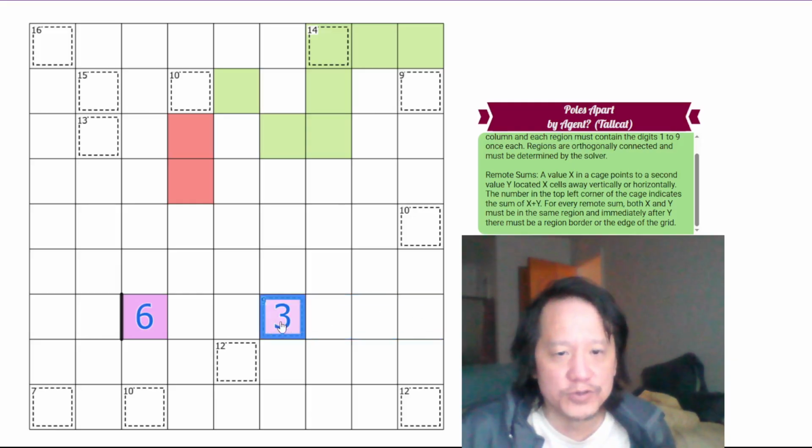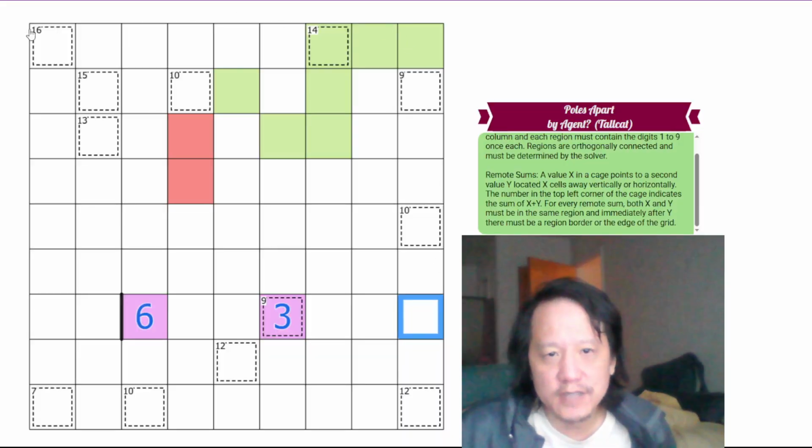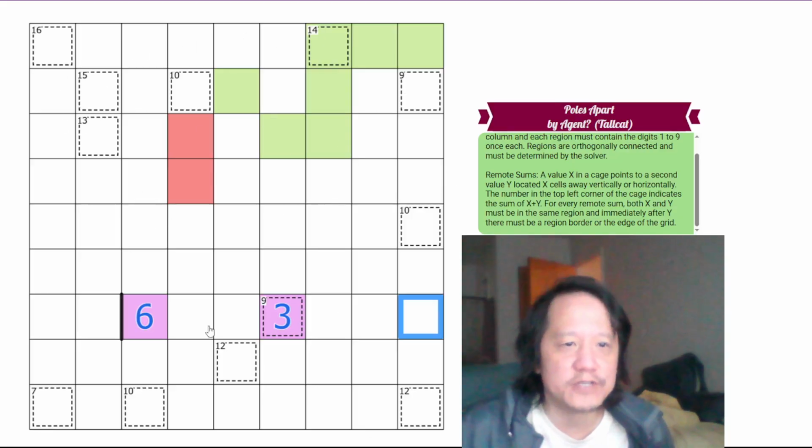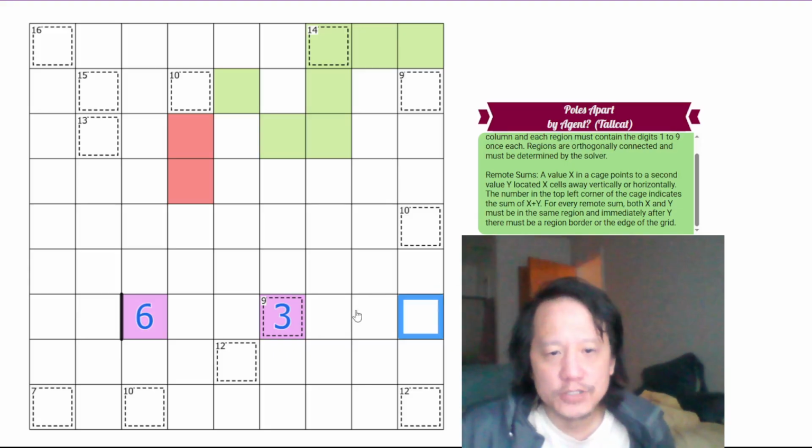So it could work this way, 3 and then, well, that's essentially a region border anyways, right? Because the entire edge of the grid is a border. So that's an example of how these remote sums work. Okay, and those are all the rules.